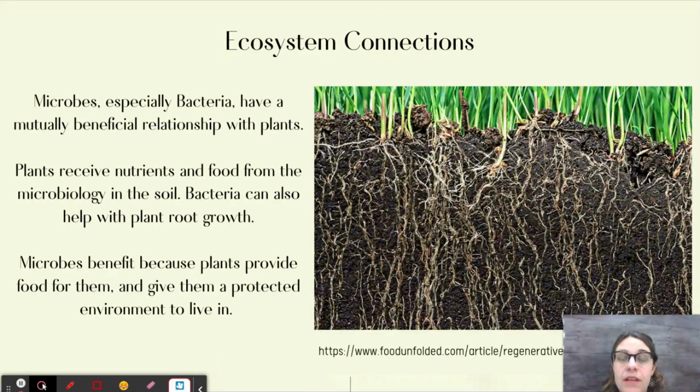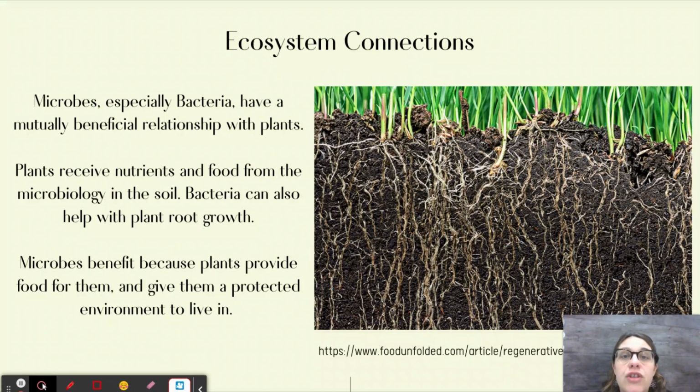So this idea of an ecosystem, plants, soil, microbes, humans, all of us and all these living things are working together. And plants mutually benefit from each other. Okay? Plants benefit because bacteria help provide nutrients and food for them to survive. They also help with the root growth of new plants and established plants. Microbes benefit too. They're not doing this for free.